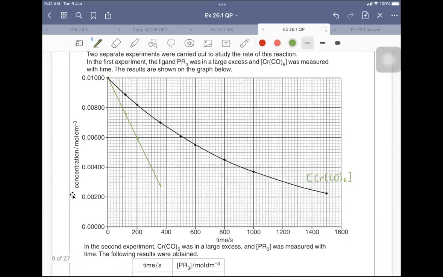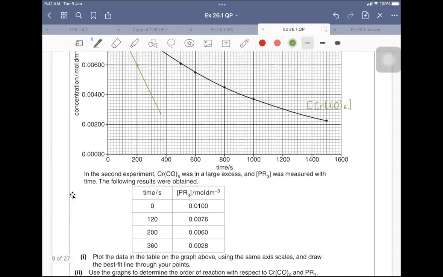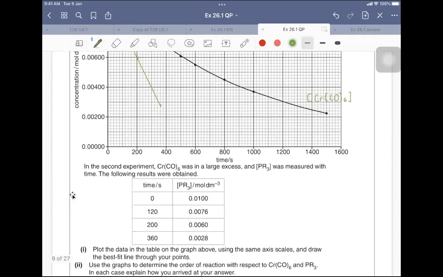Okay, and then you are expected to plot in the second experiment. The chromium complex is now in a large excess and the concentration of PR3 is measured with time. The following results were obtained. So these are the concentrations of PR3 against time.